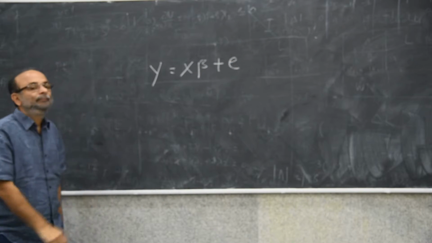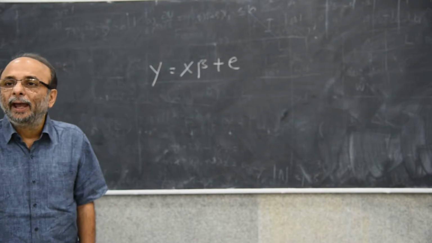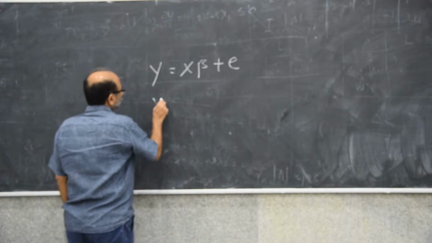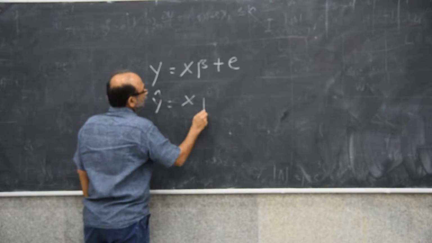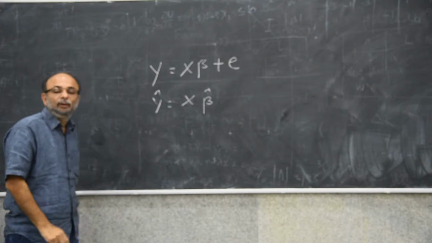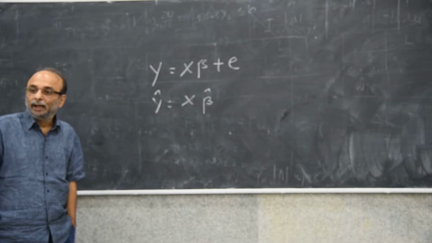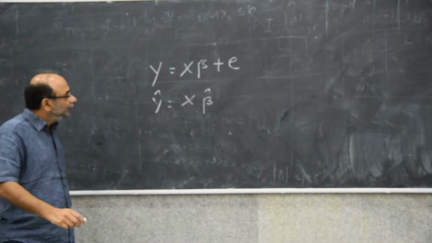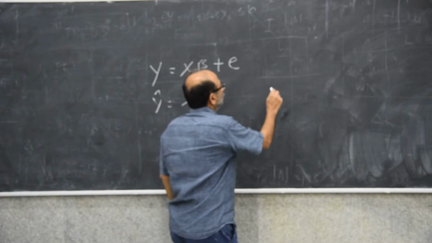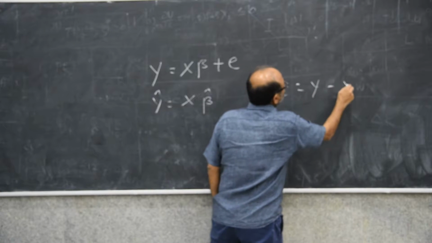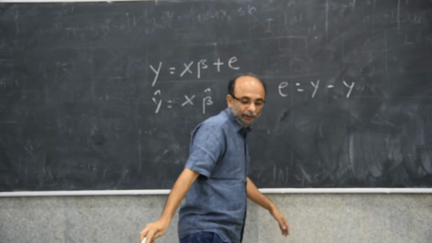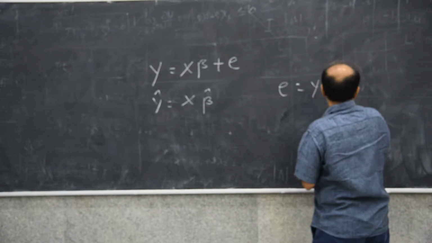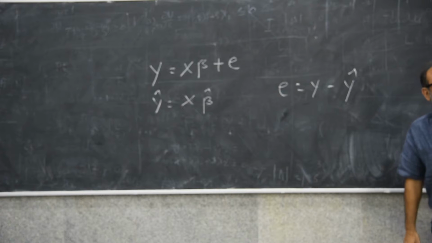In the matrix form, y is equal to x beta plus e. You have y hat is equal to x beta hat. We have e is equal to y minus y hat.